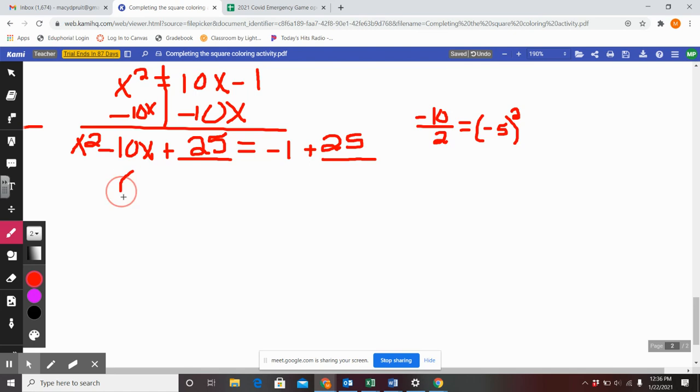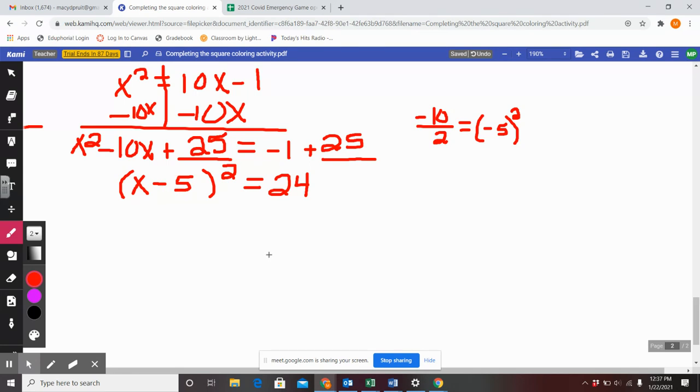Okay, so here's where we write our parentheses squared equals, and then what's negative 1 plus 25? 24. All right, so this parentheses is x, and then what's b divided by 2? Negative 5.